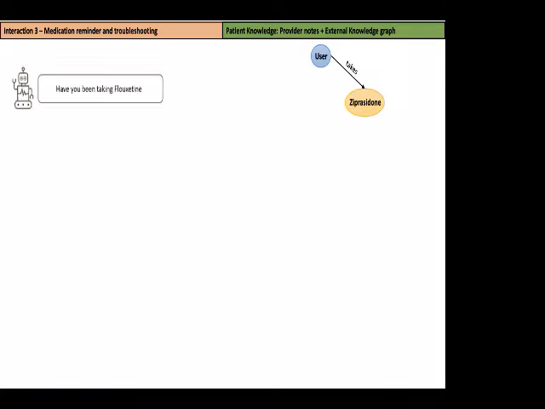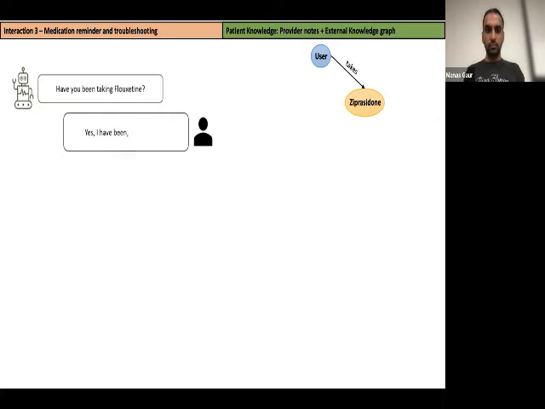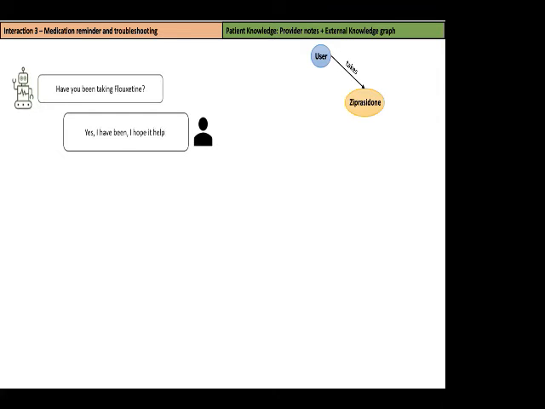Then once the question is asked, why is it asking about fluoxetine? That is given in previous information given to it directly by the domain expert. But now that it knows that and the user has confirmed it, it will add it to the user profile graph.